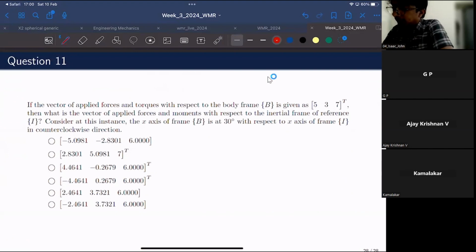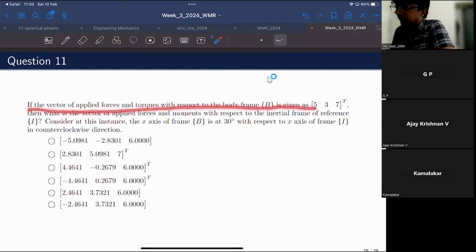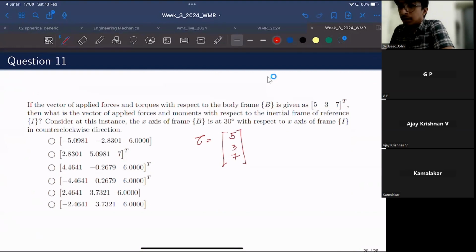So the question basically says, if the vector of applied forces and torque with respect to the body frame of reference is given as 5, 3, 7, so the vector tau is given as 5, 3, 7, right?